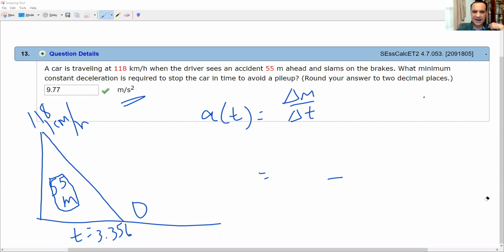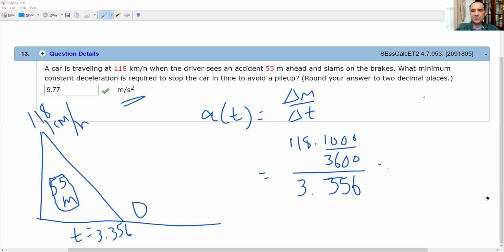I know the change in time is 3.356. The top turned out to be that conversion factor, 118 times 1,000 over 3,600.